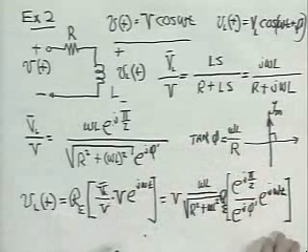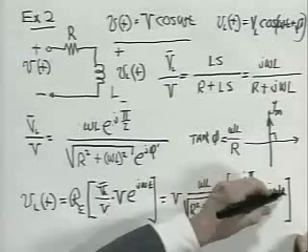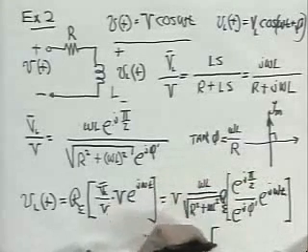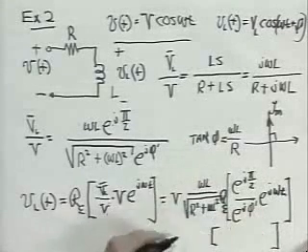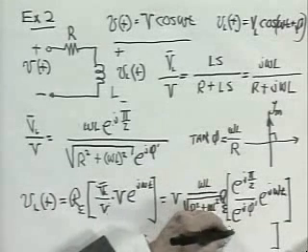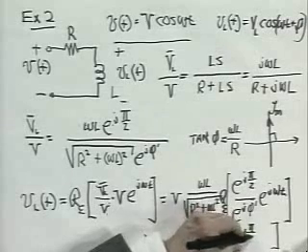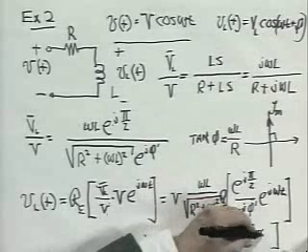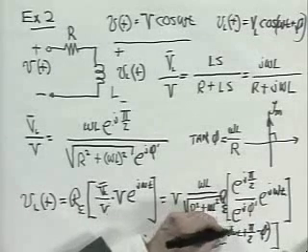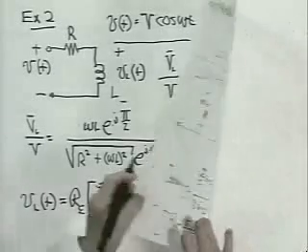When I combine these, the pi over 2 adds to omega t, phi prime subtracts from omega t. So what is in the brackets, I haven't got room here to write the whole expression, becomes e to the j, omega t plus pi over 2 minus phi prime, as the argument of this complex exponential. Take its real part, I get the cosine.